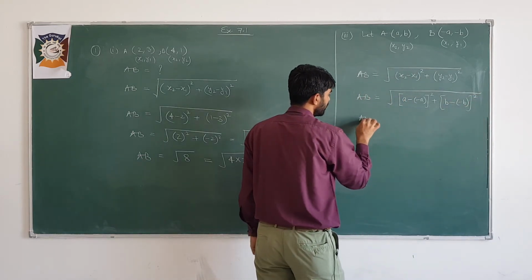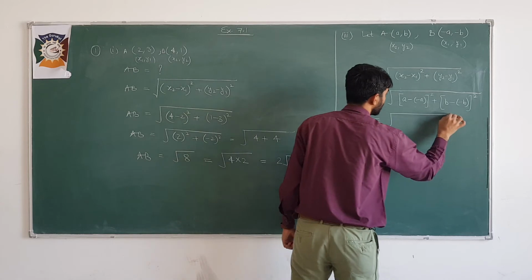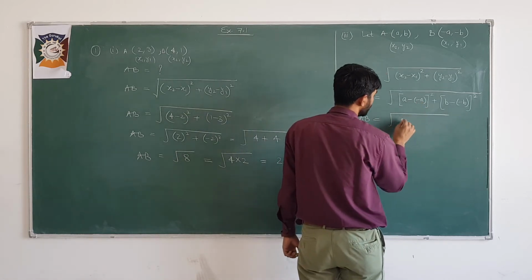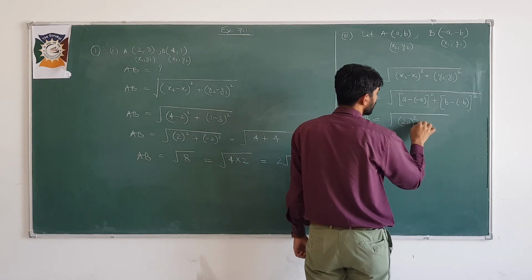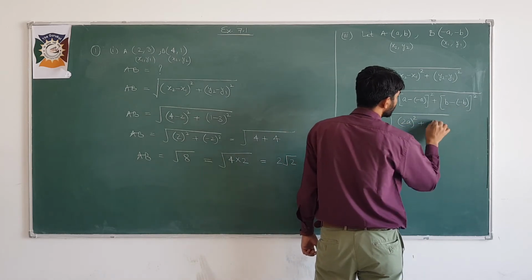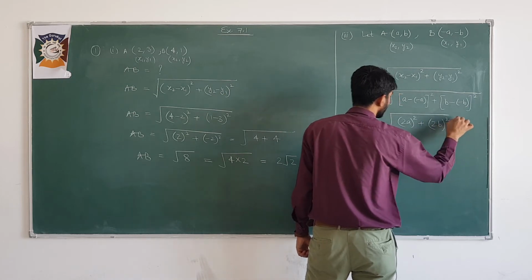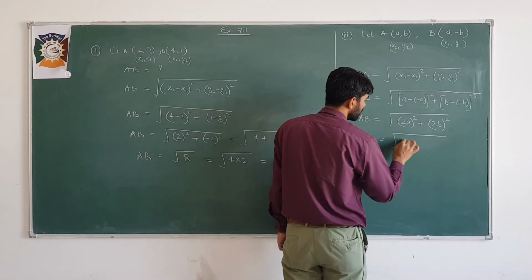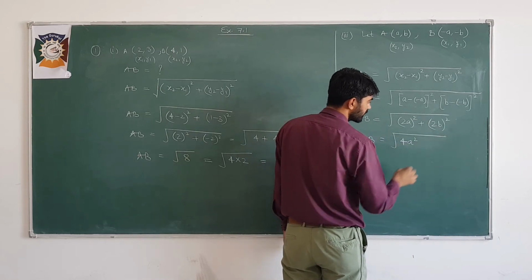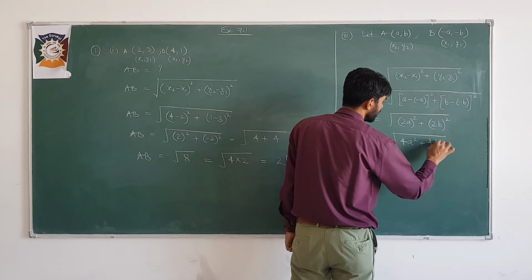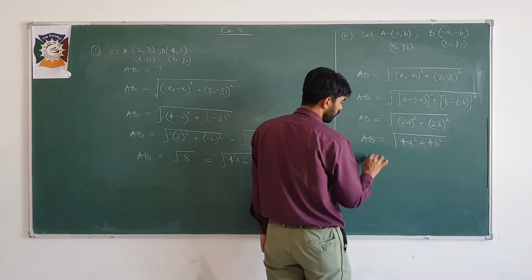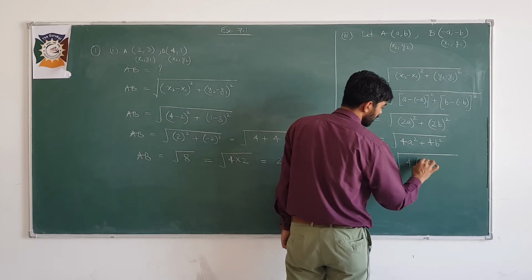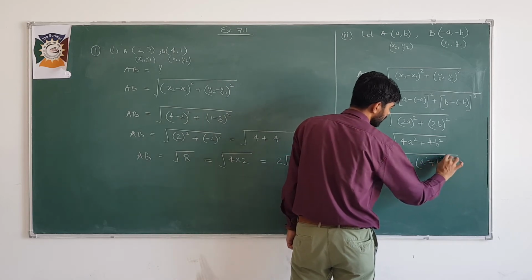So it will become AB is equal to root over, this will be a plus a, that is 2a squared, plus this will also be 2b squared. So AB is equal to root over 4a square plus 4b square, and 4 we can take common, root over 4 times a square plus b square.